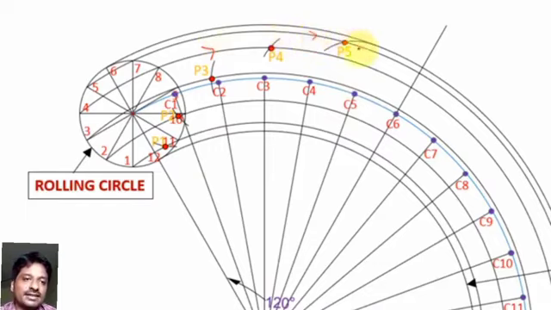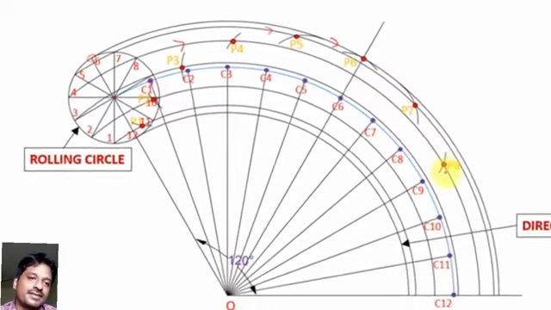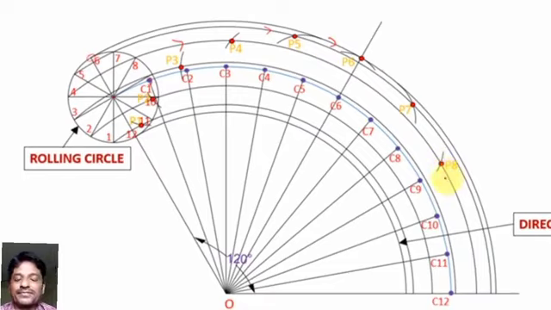Then put the compass at C6 and mark over here, and this represents the point 6. In the similar manner, put the compass at C7 and mark an arc, C8 and mark an arc which represents the point 8 from the rolling circle, you can see here. And in the same manner, C9, C10, C11.